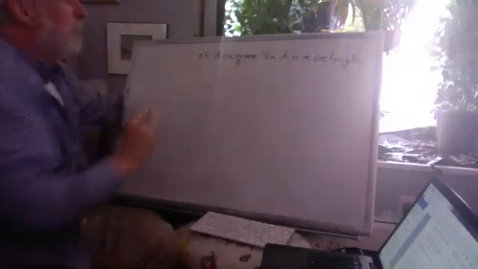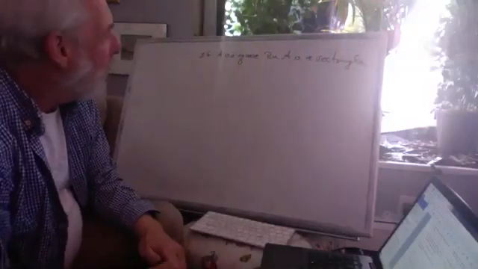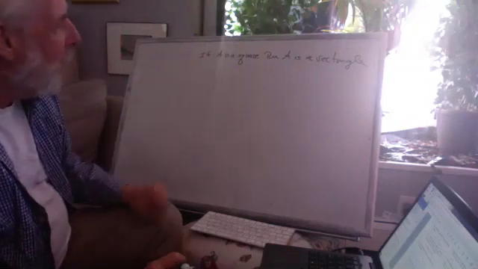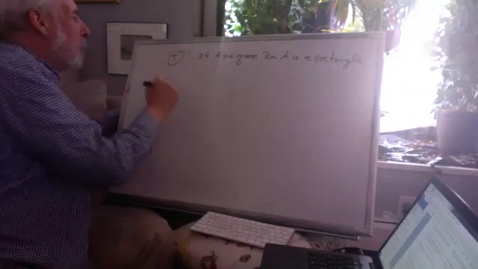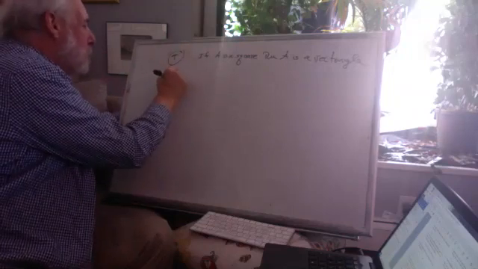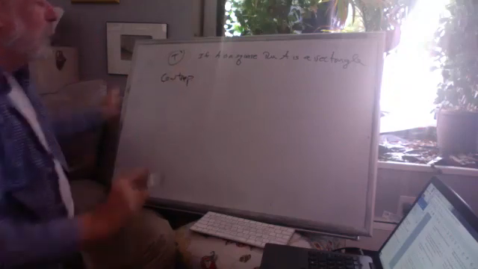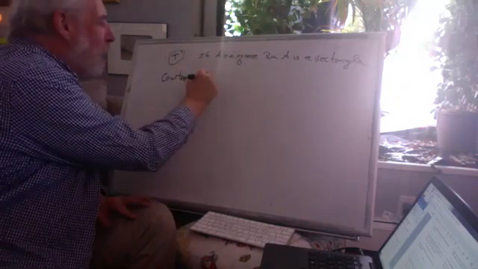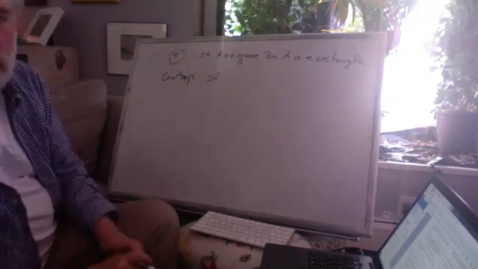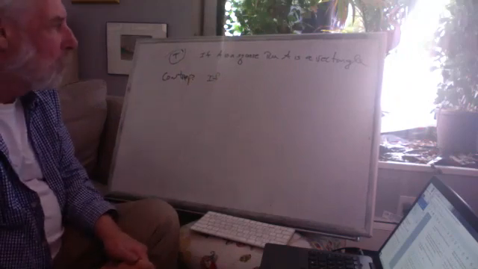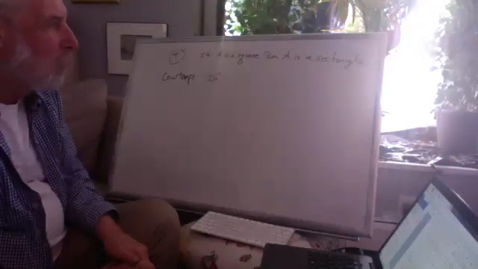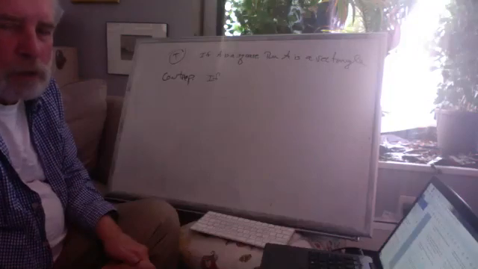All right, we'll take a simple statement here. I'm saying if the object A is a square, then A is a rectangle, and that's true. What's the contrapositive of that? If it is not a rectangle, then object A is not a square.